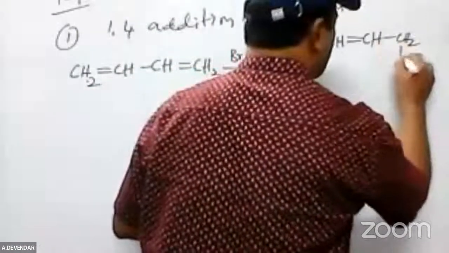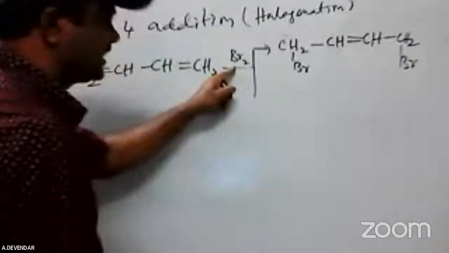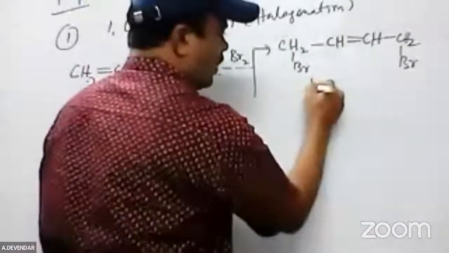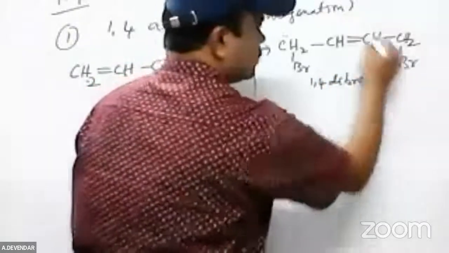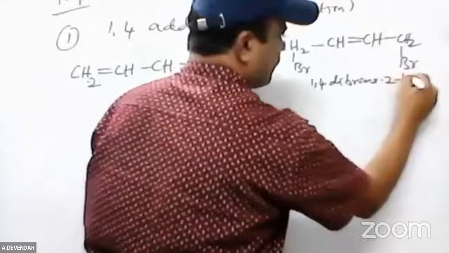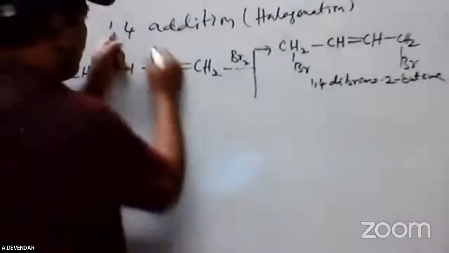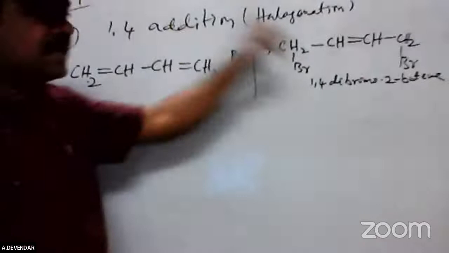Here also you get bromination, the bromine replaces hydrogen, and the double bond is shifted. So it is nothing but 1,4-dibromo-2-butene. This is called 1,4 addition.